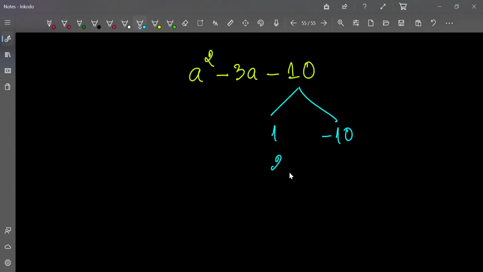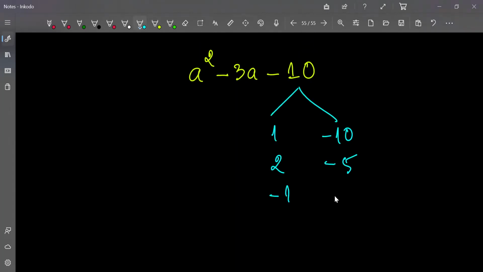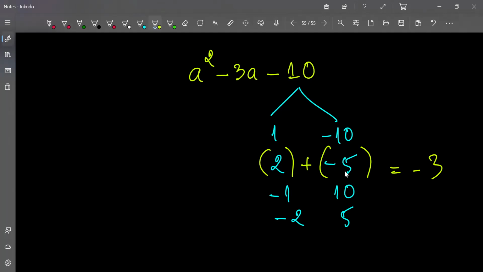Okay, 2 and negative 5. And another pair is negative 1 and 10 and negative 2 and 5. So the pair that adds up to negative 3 is 2 and negative 5. So our expression, we can write the two factors as (x plus 2) multiplied by (x minus 5).